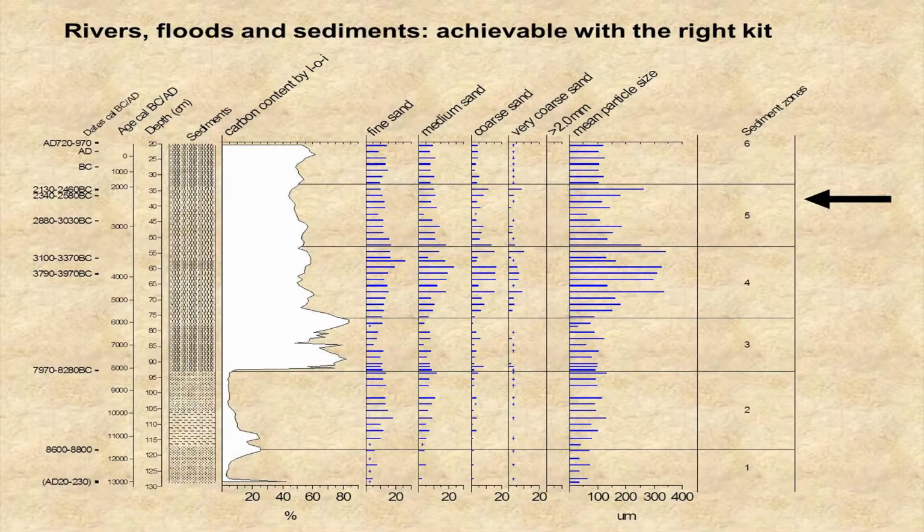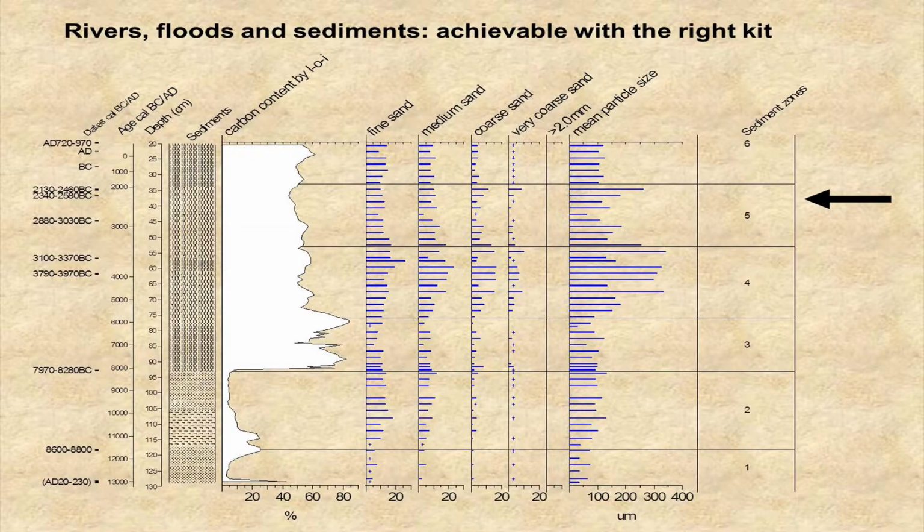We can look at what the landscape did in response either to changing climate or to changing impacts of people. Here we have a diagram, again from the same sediment, and we are measuring, as Karen said, carbon content. How organic is this sediment? The more organic, the less the river is doing. We can measure the particle size.